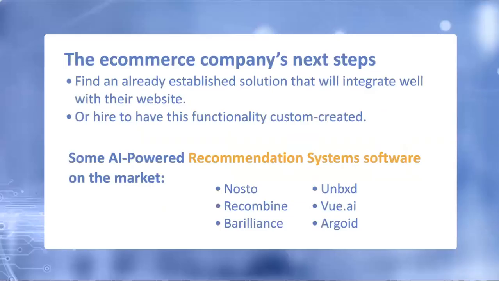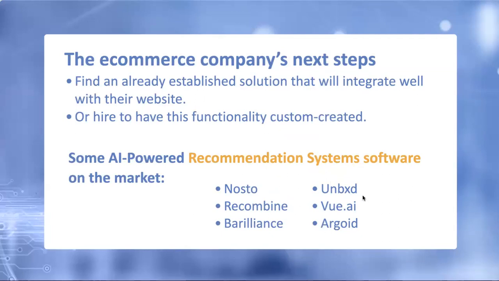This is what their options are. They can find an already established solution that will integrate well with their website. Step number 1 would be see if their tool works. They don't have a tool. So step number 2, find an already established solution. Here's some of the recommendation system software.